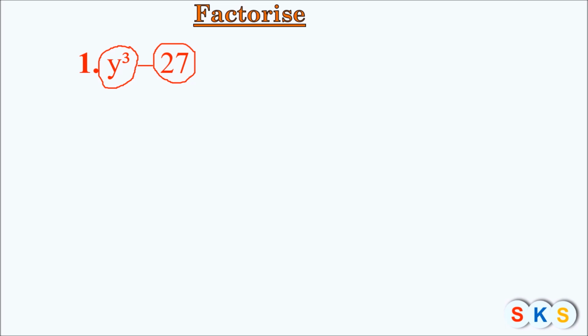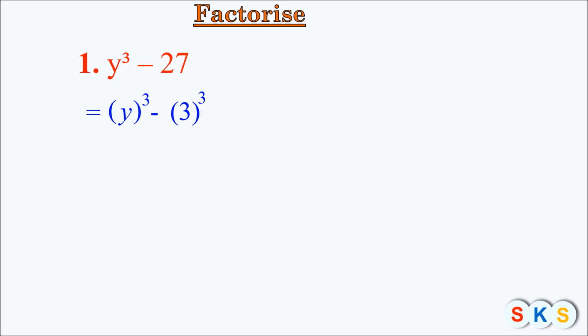So we will write both terms as perfect cubes: y the whole cube, and 27 you can write as 3 the whole cube. Now your question is converted into the form of a cube minus b cube.